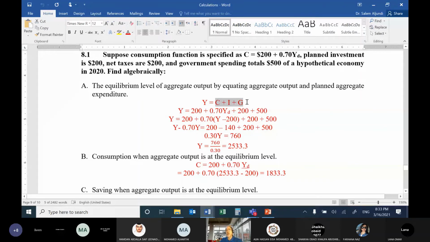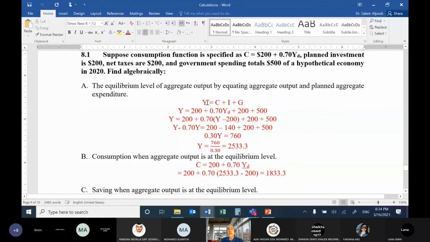So if you stay with me for another semester, I will add the international sector to the model. The model will be huge, more complicated. And in chapter 7, I added the international sector, but I deleted government. Here, I do the opposite.